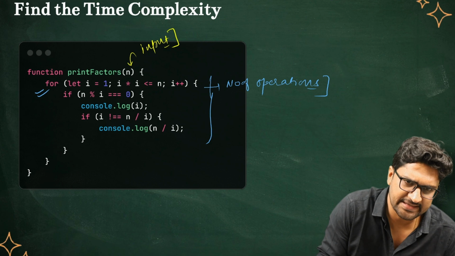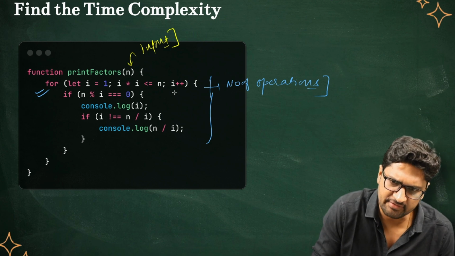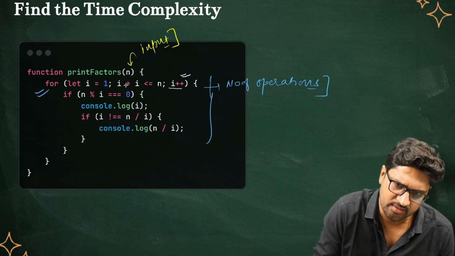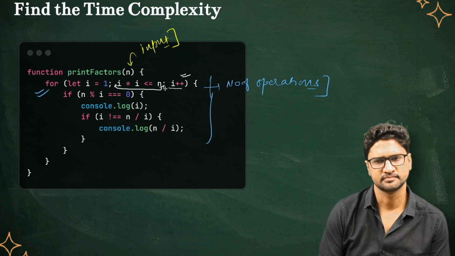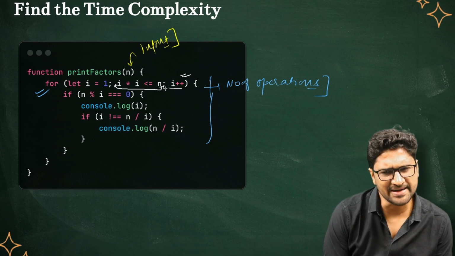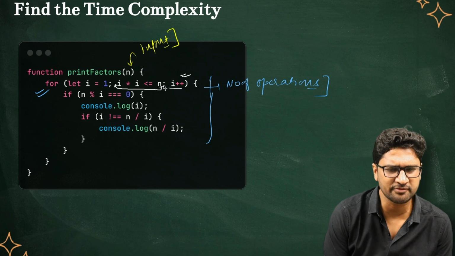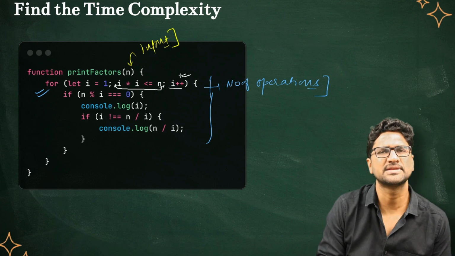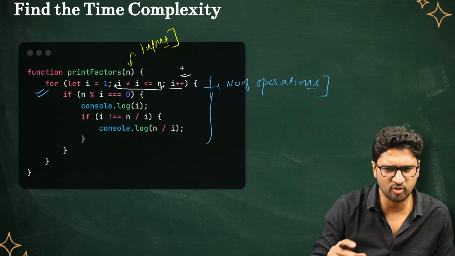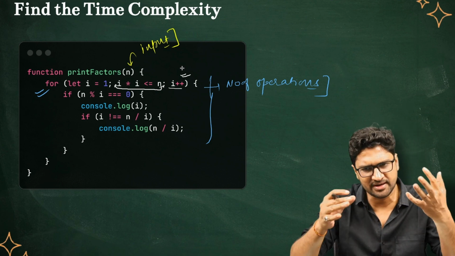Now I have to see something here, right? Every time i is getting incremented by 1, but it is running till this condition. So can you tell me, will it run for n times? No, it will not run for n times because I am comparing i square with n, right? So definitely it will run less than n times.